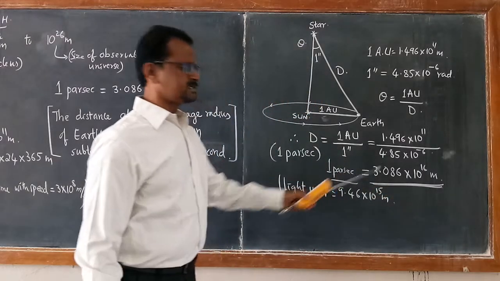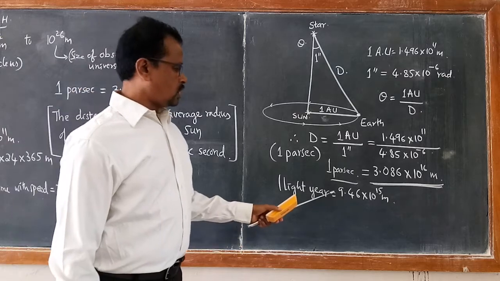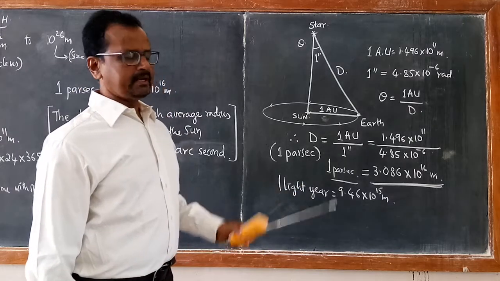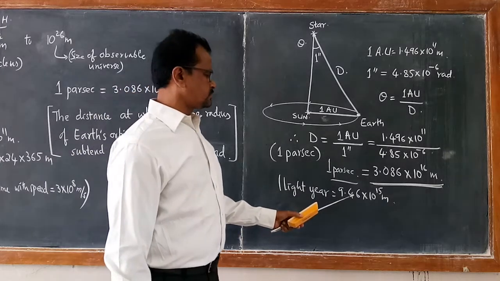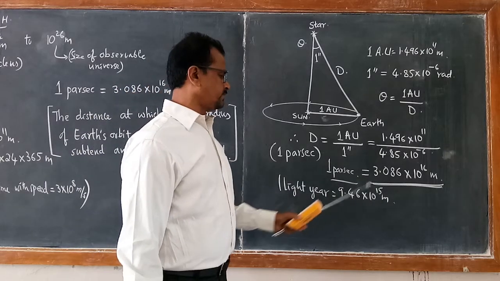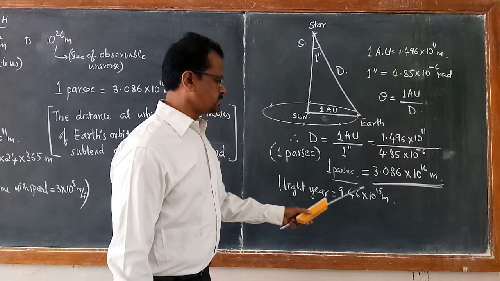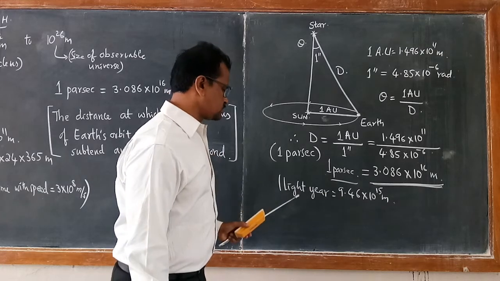You can have a comparison here. So, how many light years equal to 1 parsec? It can be calculated. 1 light year corresponds to 9.46 into 10 raised to 15 meter. Means 9.46 into 10 raised to 15 meter corresponds to 1 light year.